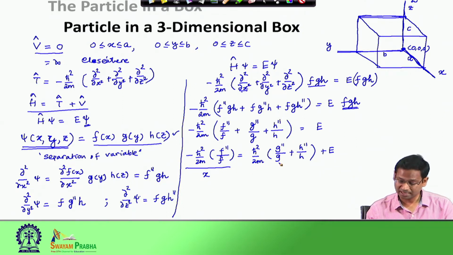The right hand side, of course, this is a constant, has some functions which depend on y, some functions which depend on z. So, in the left hand side I have got functions which depend on x, the right hand side I have got functions which do not depend on x, but depend on y and z.